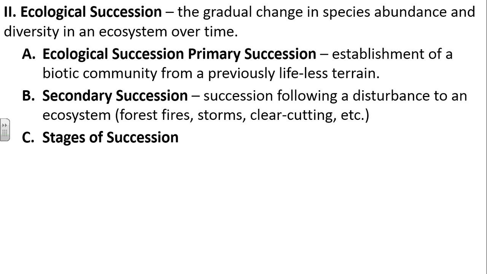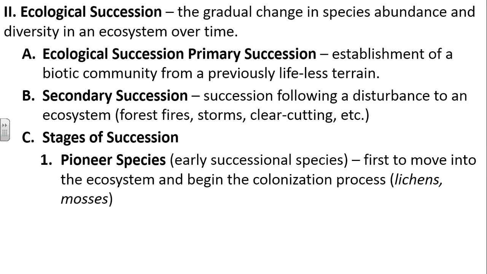Now in these events we have various stages of succession. Your pioneer species, or early successional species, are the first to move into the ecosystem. If we look at a typical forest ecosystem, the pioneer species tend to be lichens and mosses. This is because they're very good at exploiting the new habitat.